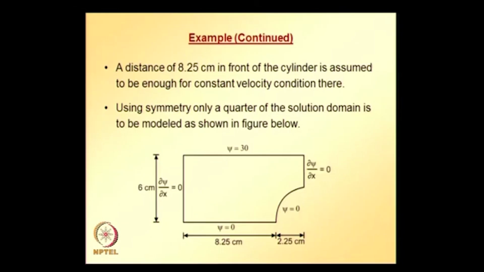And because of symmetry, the partial derivative of stream function with respect to y, which is indirectly related to Vy, the fluid velocity along the y direction, is also 0 along the line of symmetry on the right hand side.